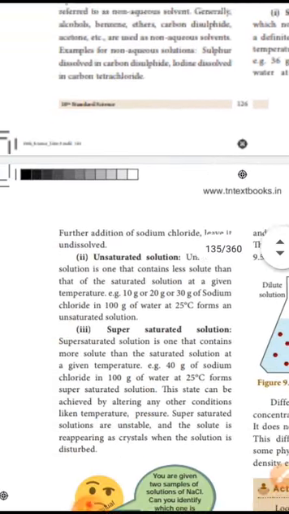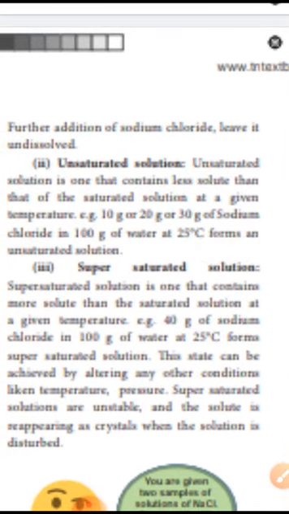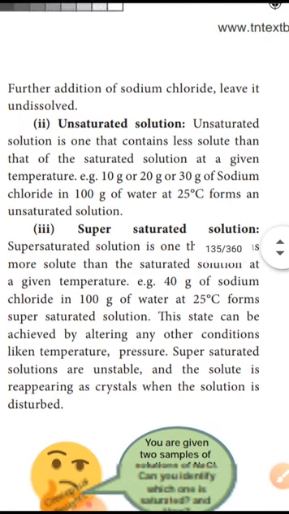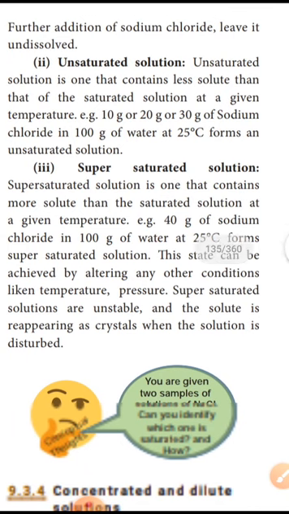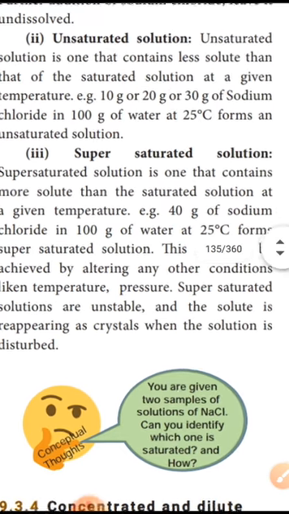If the amount of solute is less than 36 gram, that is an unsaturated solution. If the amount of solute is above 36 gram, that is a supersaturated solution. These 3 types of solutions need 25 degrees Celsius temperature and 100 gram of water.